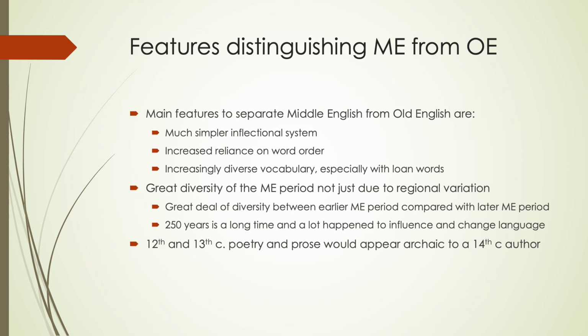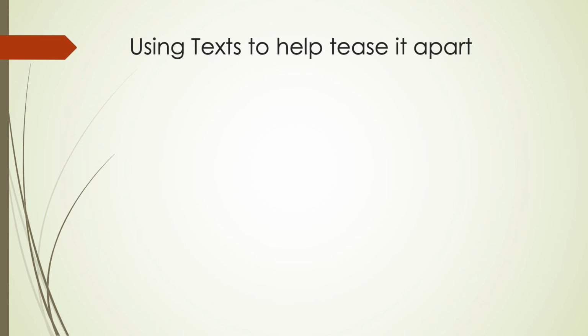If we look at something today from 250 years ago, we're looking at things like the founding documents of the United States. There is some difference in the way that those are written, but it's not as drastically different as what we would have seen during the Middle English time period in the same span of time, because there has been standardization since then.